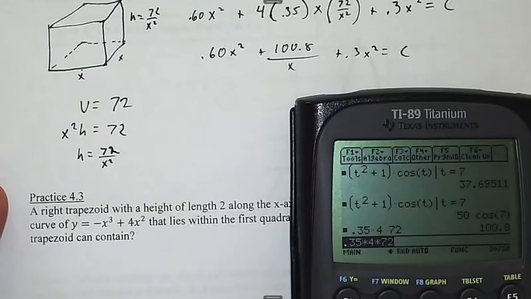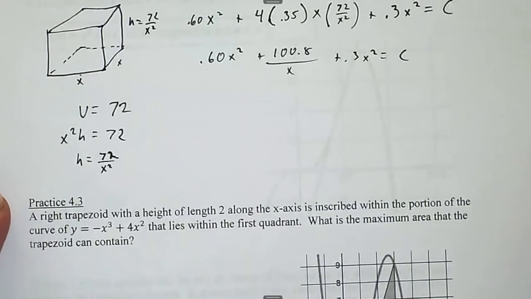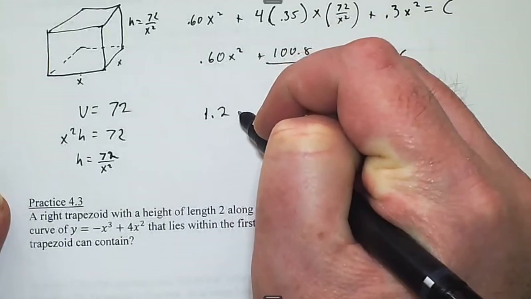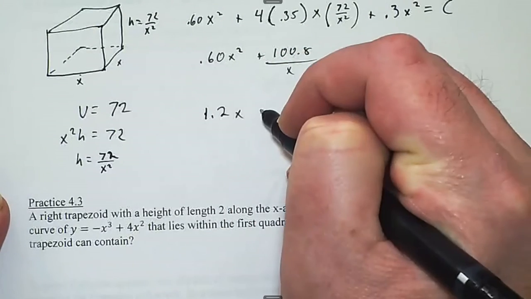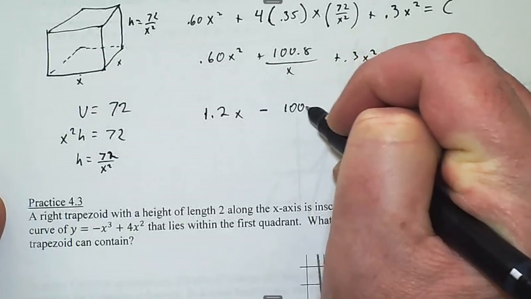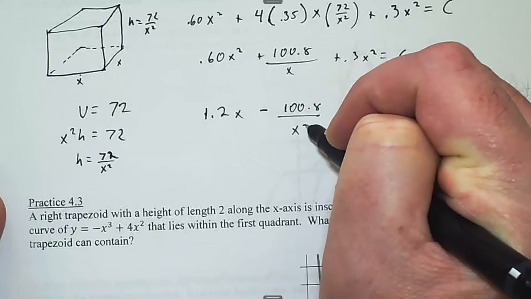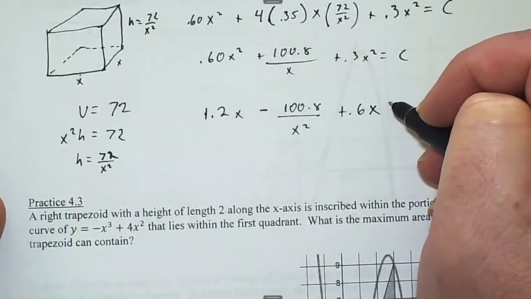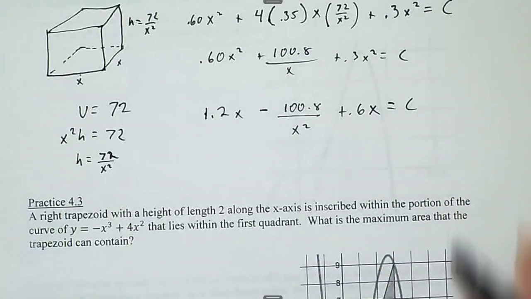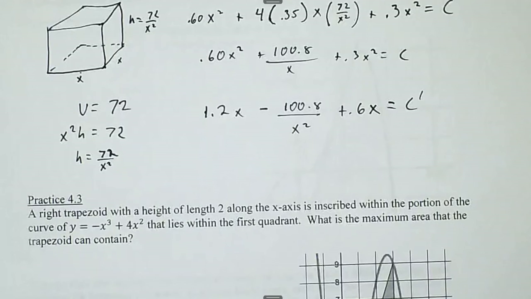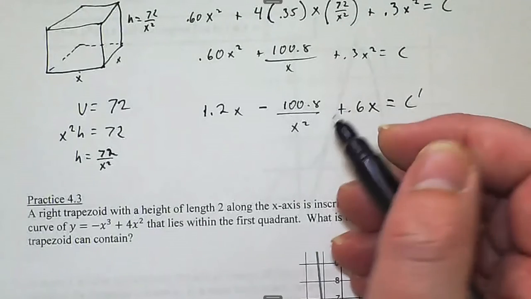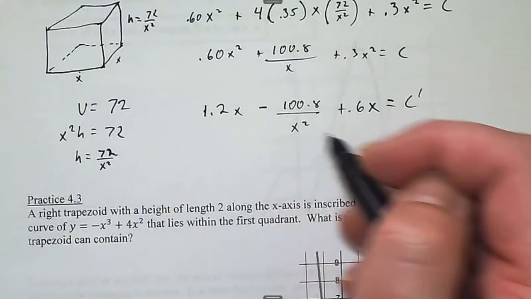So let's first get the derivative, which I think would be easy to do by hand. That's 1.2x minus 100.8 over x squared plus 0.6x is equal to c prime. And now we just need to solve this equal to 0, which really wouldn't be that hard either.